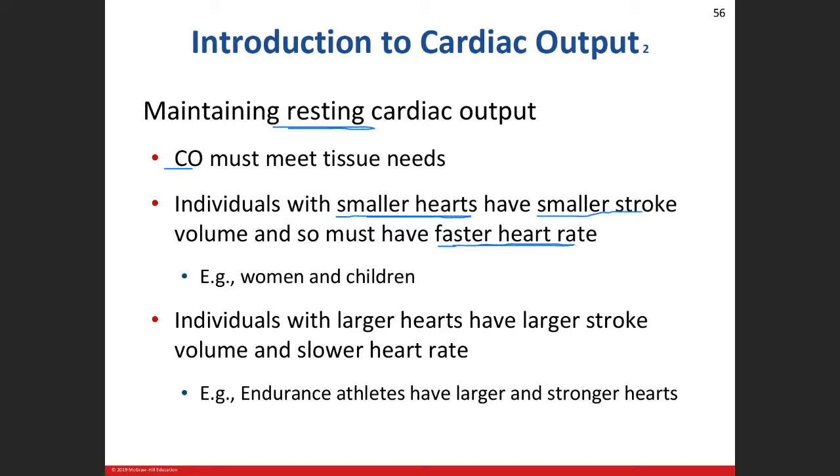And so that same comparison applies to us here: little kids, women in general, children more so, compared to adults. So larger hearts, larger stroke volume, slower heart rate.